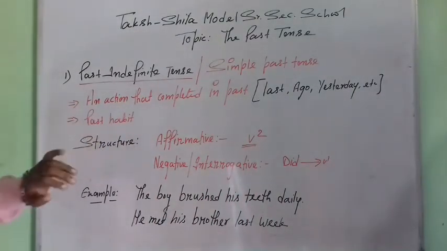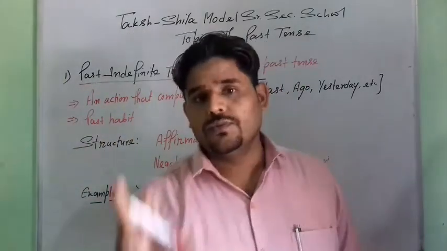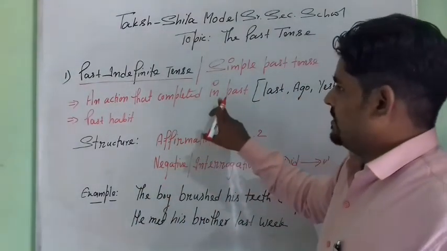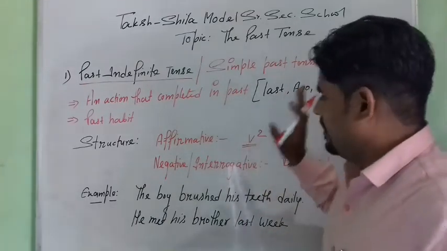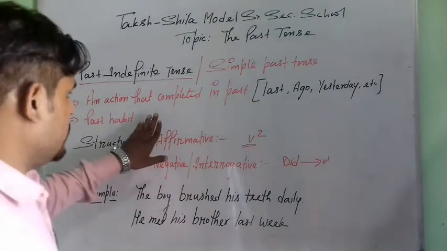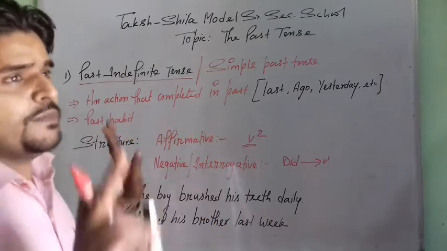First, what you have written is an action that completed in the past. Past indefinite tense is also used to express an action that completed in the past. एक ऐसे action को define करने के लिए जो कभी past में complete हुआ था, but make sure कि इसमें time जरूर दिया होता है. An action that completed in the past, time must be given.